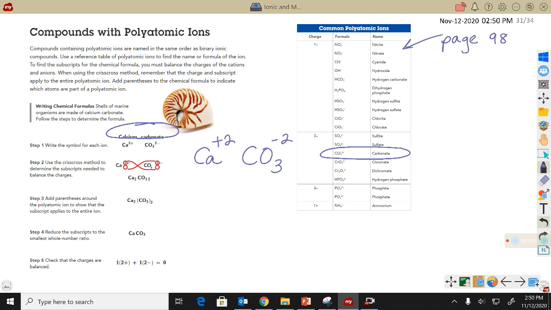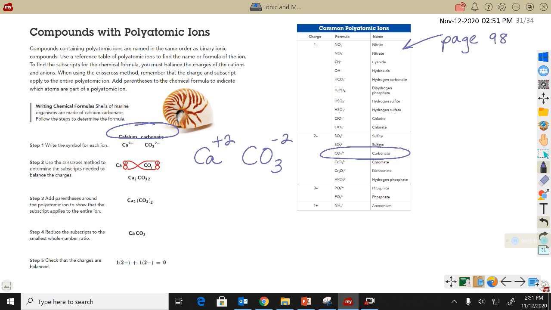Even though polyatomics get a little more complex because they end up with more than 2 types of atoms, ionic compounds always still just have 2 charges. There's the positive charge and the negative charge. That's all you have to balance.